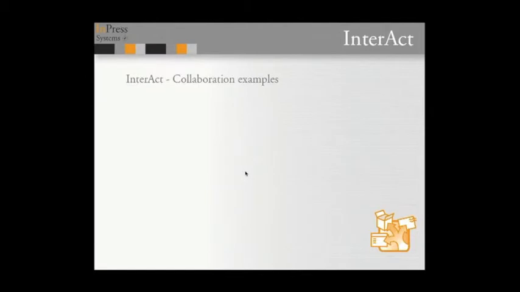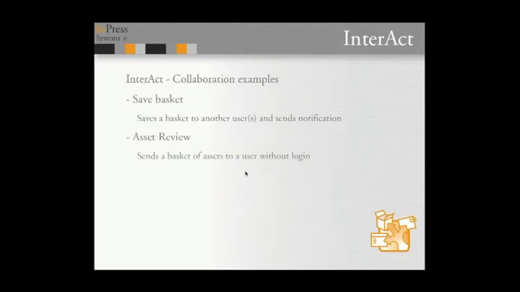So for the collaboration plugins, a couple of examples would be Save Basket. We have a plugin that saves a basket to another user or users and sends notifications. Asset Review: we have a plugin where you can send a basket of assets to someone that doesn't have a login.